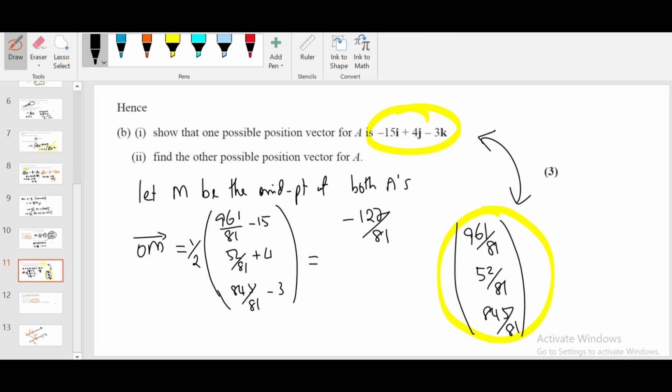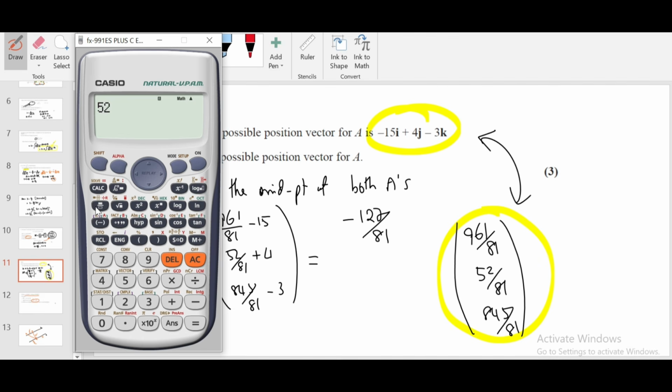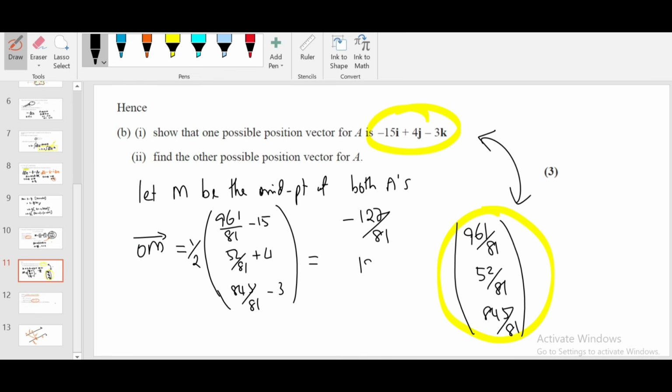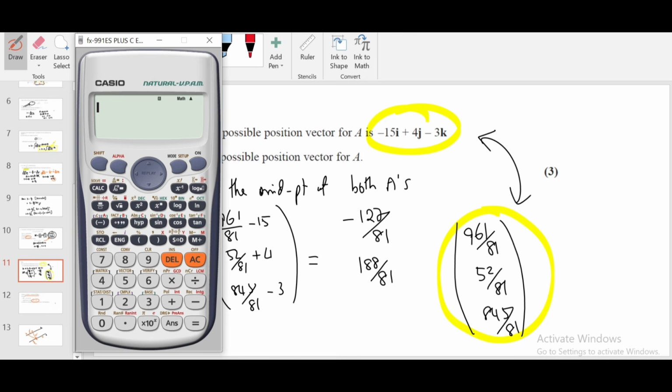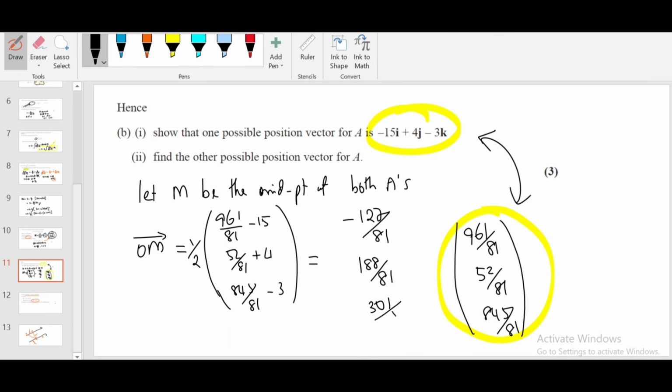And the second one, 52 over 81 plus 4, divided by 2, is 188 over 81. And the next one is 845 over 81 minus 3, divided by 2, is 301 over 81. That's the position vector of the midpoint.